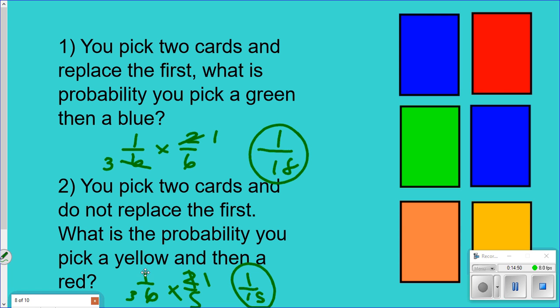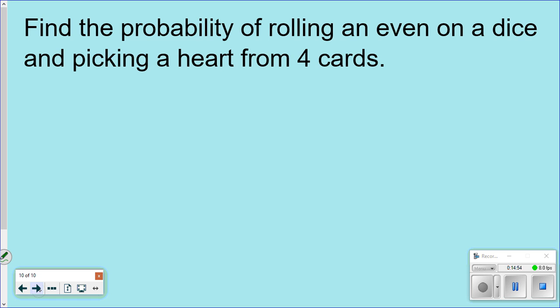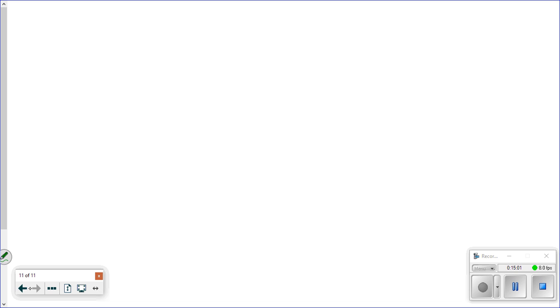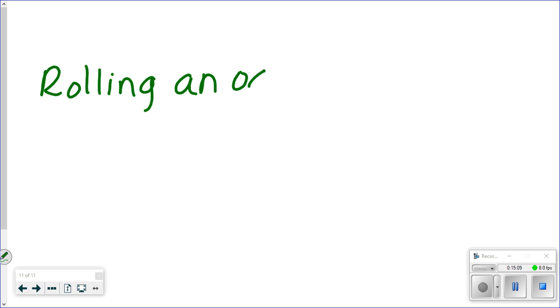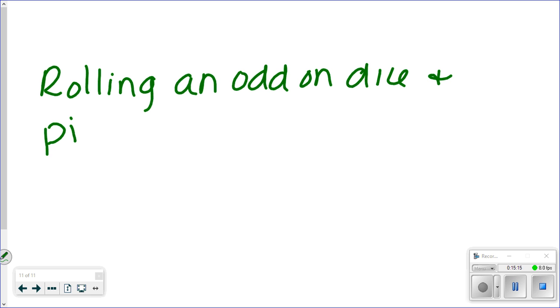I have a few more because they're just a little different style. Find the probability. Oh, no, I'm going to make one up. Okay. Rolling an odd on the dice and picking a consonant. What's that again?